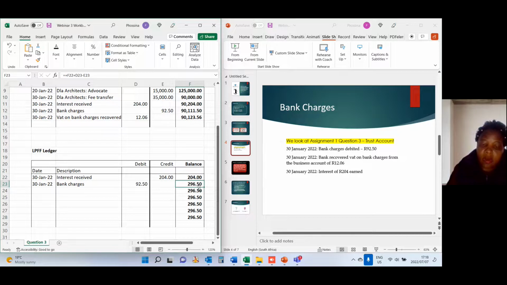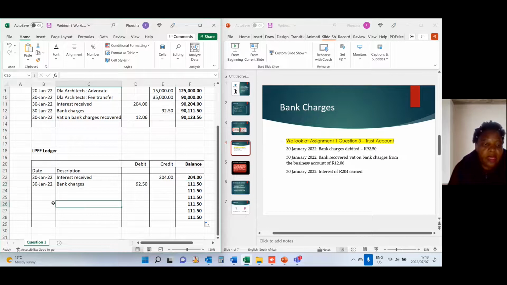So in this case, our formula should show that it is our balance minus our debit, and then we add anything on the credit. So that's how we come up with the formula for our ledger. Our formula is our balance minus the debit. If ever we happen to have a credit, then we add it, then it gives us our balance.